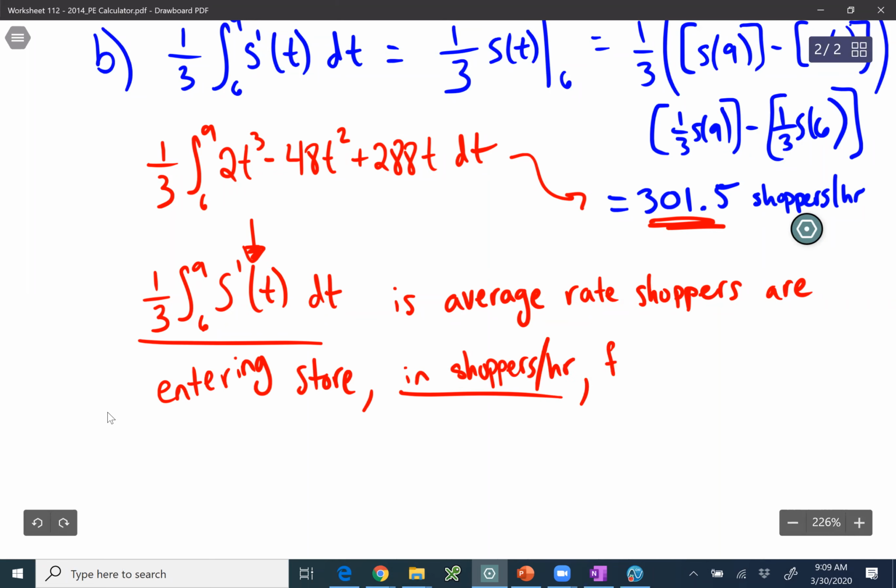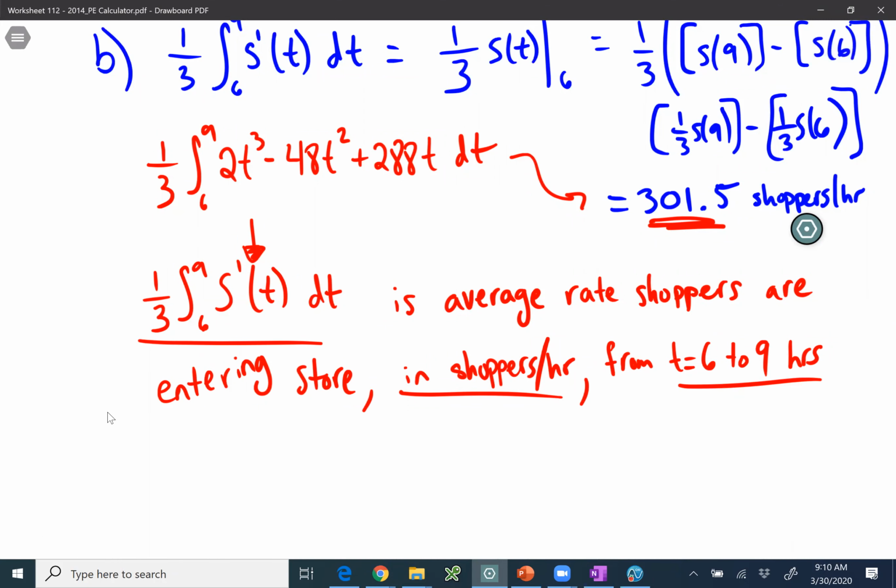And then from t equals 6 to 9 hours, or you could say between 6 and 9 hours. So that's just kind of going back to that same sentence starter. If you use that for all of them, you should basically have everything that you need. Then it's just a matter of matching up what we have.